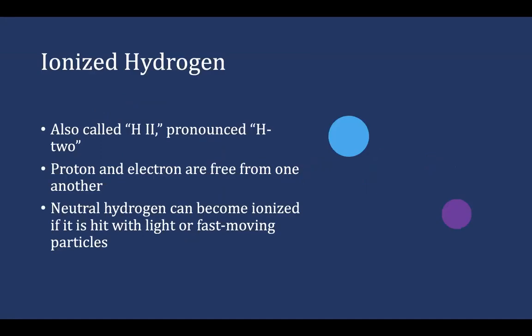And then ionized hydrogen is also called HII. This is, again, where the proton and electron are free from one another. And neutral hydrogen can become ionized when it's hit by a particle or a bit of light. This particle can kick the electron off of the proton and cause hydrogen to become ionized.